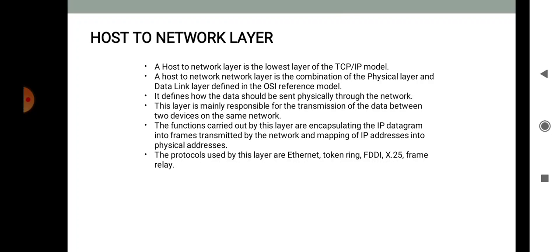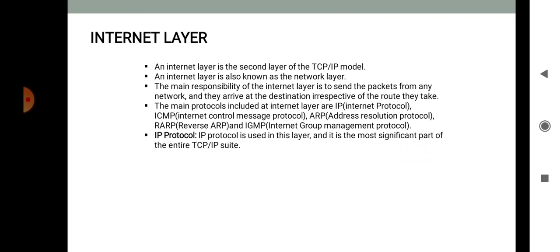The second layer of the TCP/IP reference model is the internet layer. The internet layer is the second layer of the four layer TCP/IP model, and it packs data into data packages known as IP datagrams, which contain source and destination address, that means logical address or IP address information, used to forward the datagrams between hosts and across the network.